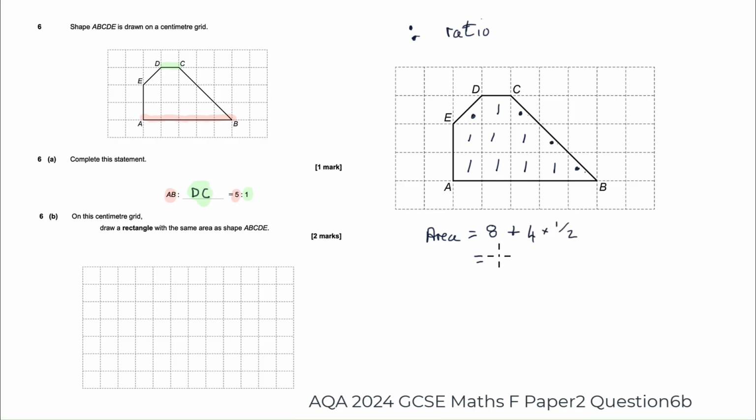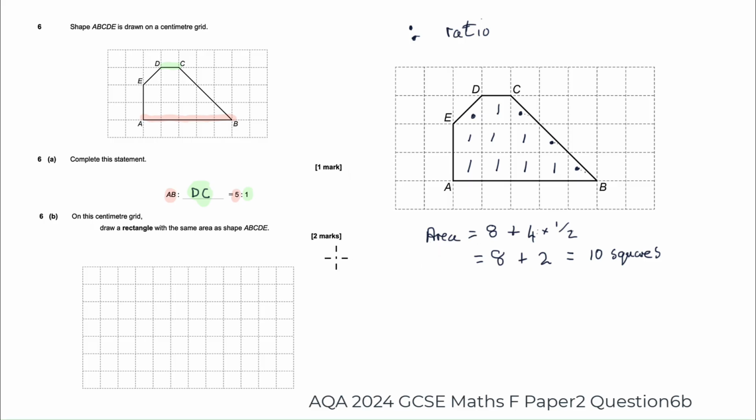Now we know that 2 halves would be 1, another 2 halves would be 1, so 4 lots of a half, that's 2, a half of 4 is 2. 2 half squares make up 1 whole square, so there's 8 plus 2, there's 10 squares altogether. So that's the area of this shape by counting squares.